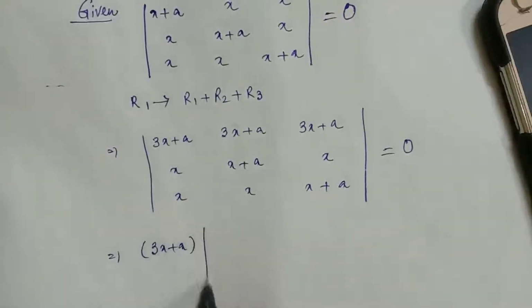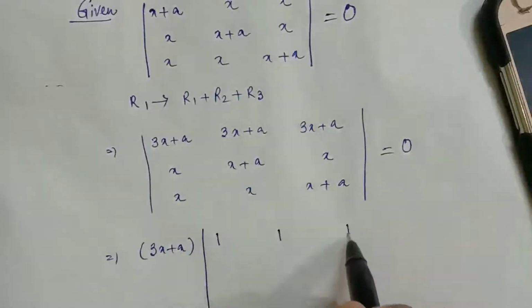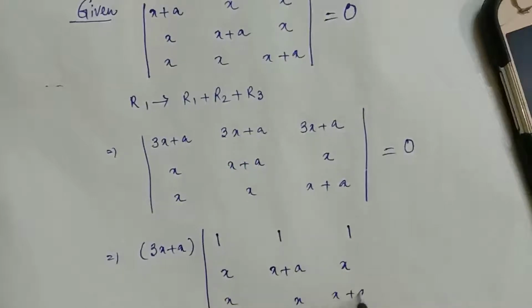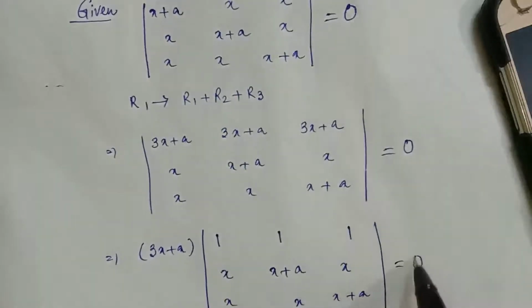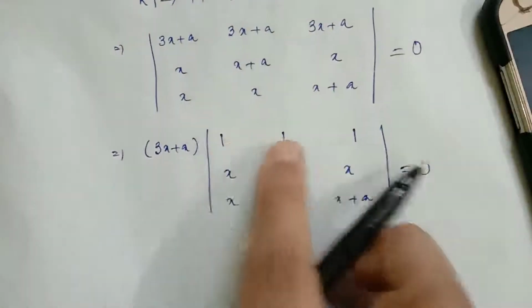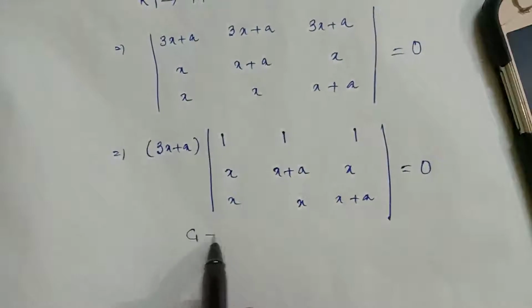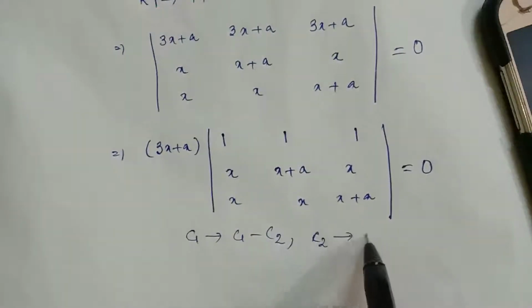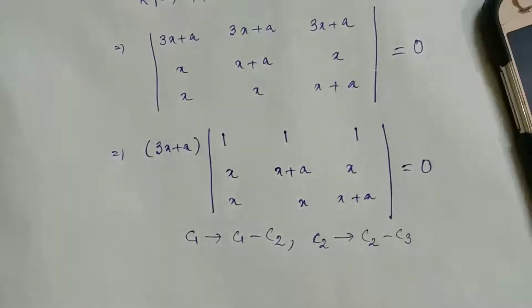Our first row will become 1 1 1, x plus a, and x plus a is equal to 0. Next, to bring zeros in the determinant, you have to replace c1 by c1 minus c2, and c2 by c2 minus c3.